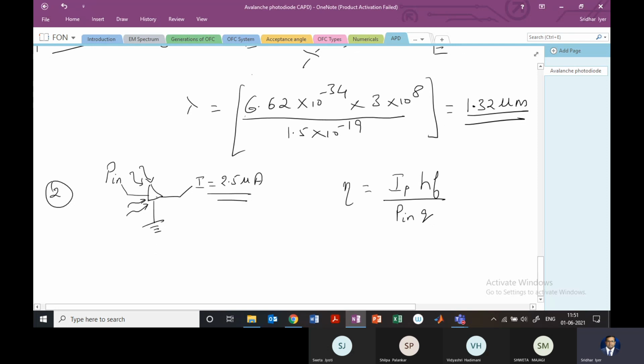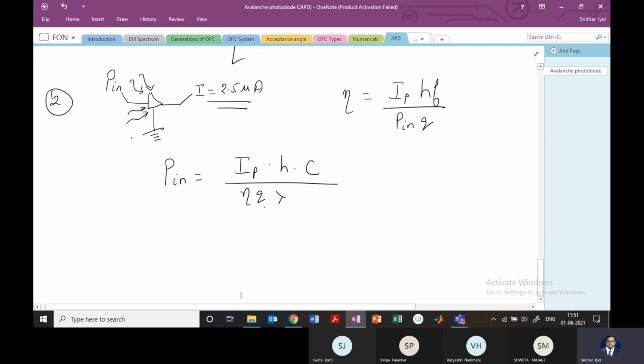From here, we can write the equation for P in, that is the power that should be incident on the photo detector. That will be Ip into h into c divided by eta q lambda, since I've written hf as hc by lambda. So we have all these values with us, so we can calculate P in.